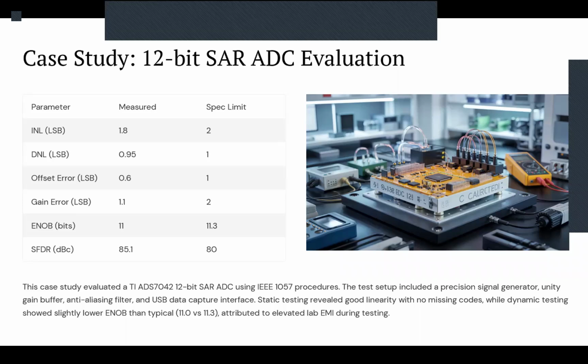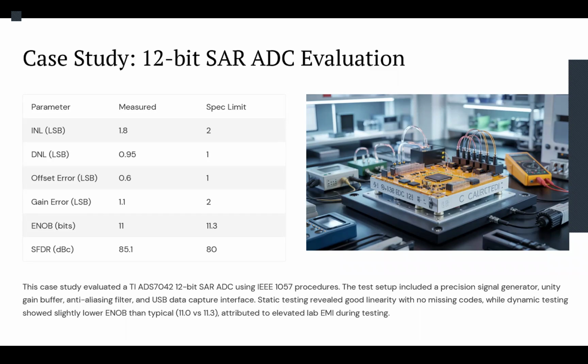In dynamic testing, let's go a little bit deeper. We apply a pure sine at a frequency that is mathematically matched to the sampling rate. Then we use the FFT to see it and to prevent leakage or distortions. The effective number of bits shows the real-world resolution, not the ideal, theoretical one, and it includes noise and distortions.